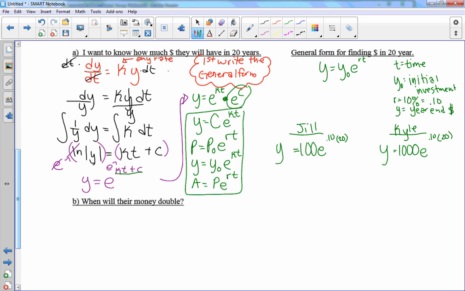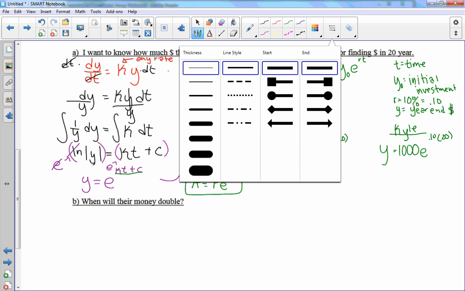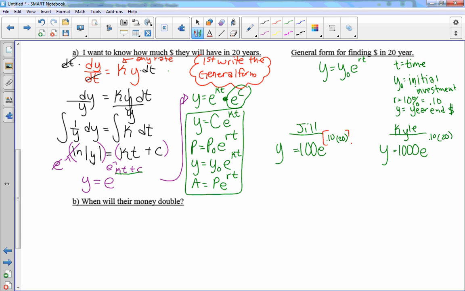So I think you guys can calculate now, and we'll go ahead and use a calculator. Make sure that if there's multiple things in the exponent, you group those together.